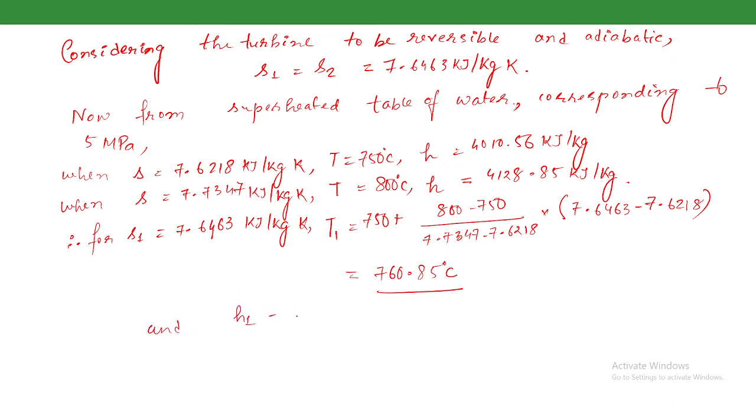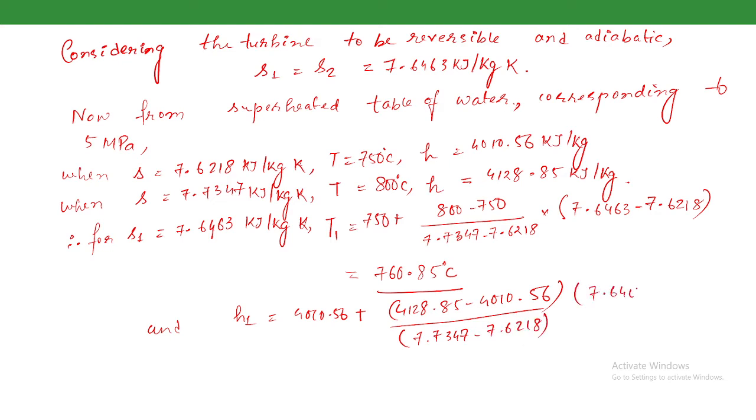Okay, and H1 is equal to 4010.56 plus (4128.85 minus 4010.56) divided by (7.7347 minus 7.6218), multiplied by (7.6463 minus 7.6218).